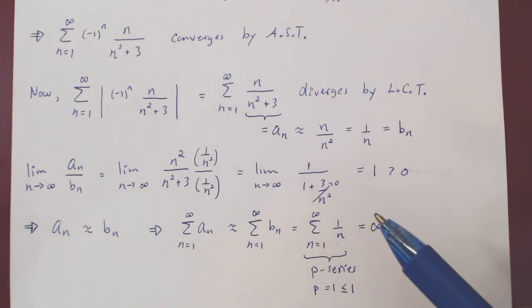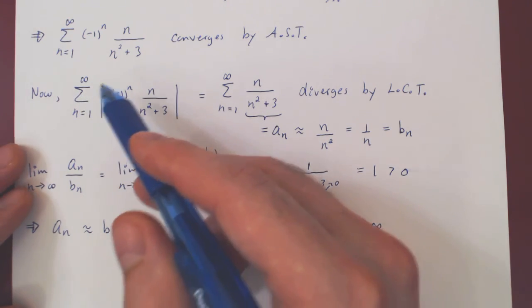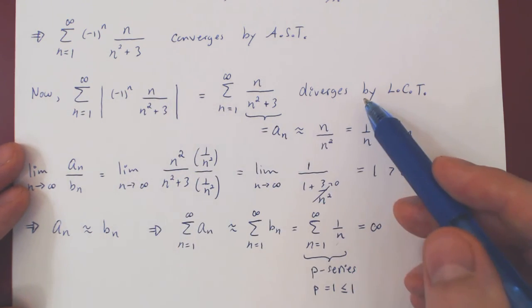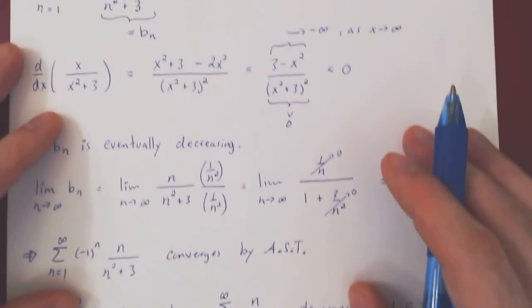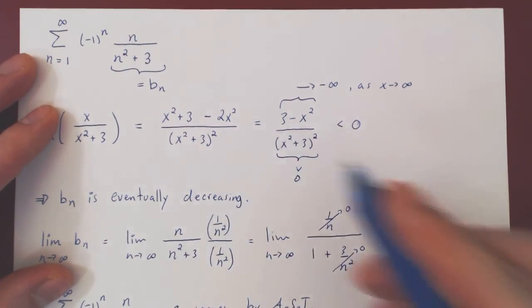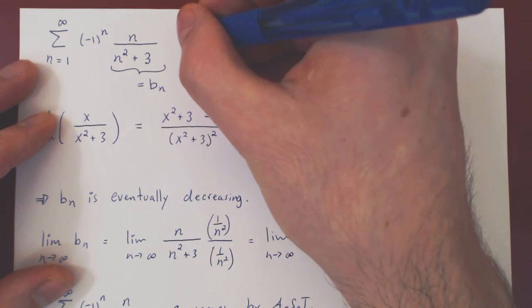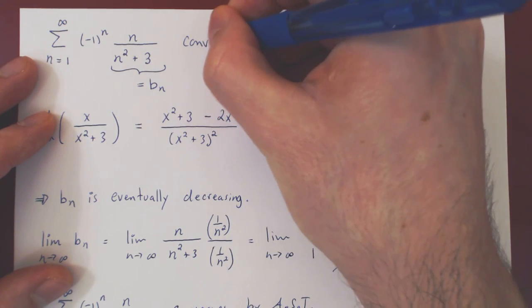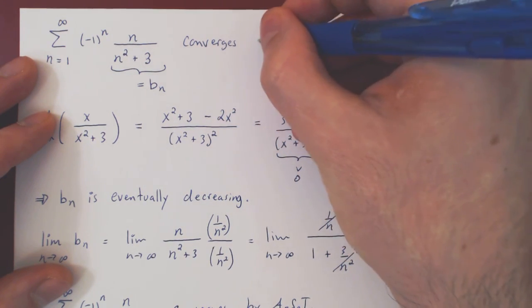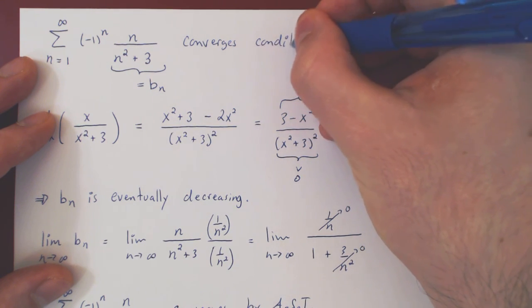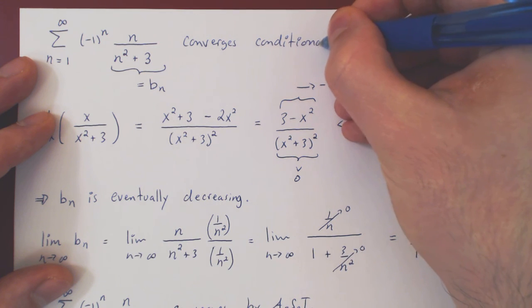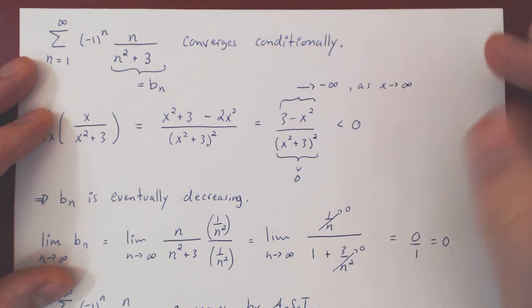So when the series converges, but the series of the terms in absolute value diverges, we have what we call conditional convergence. And that is our conclusion. So the series converges, but only conditionally. And that's it.